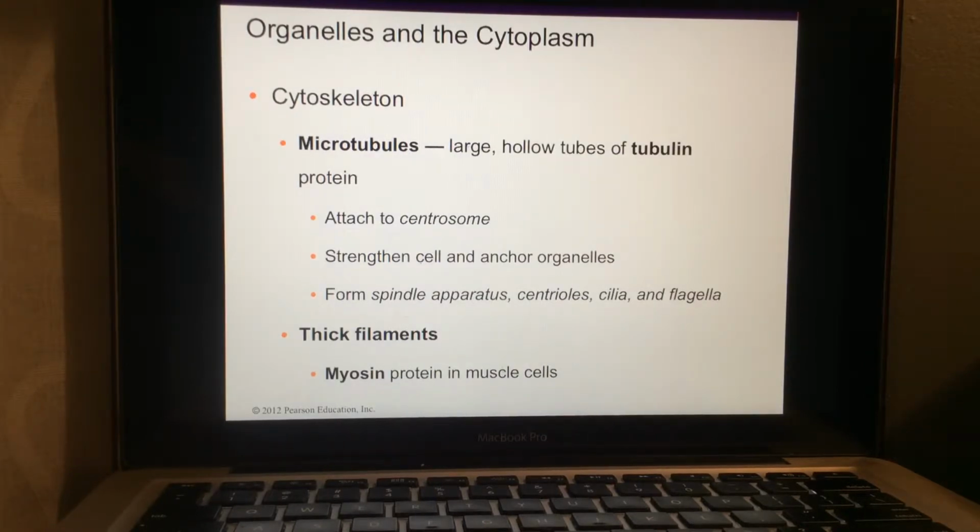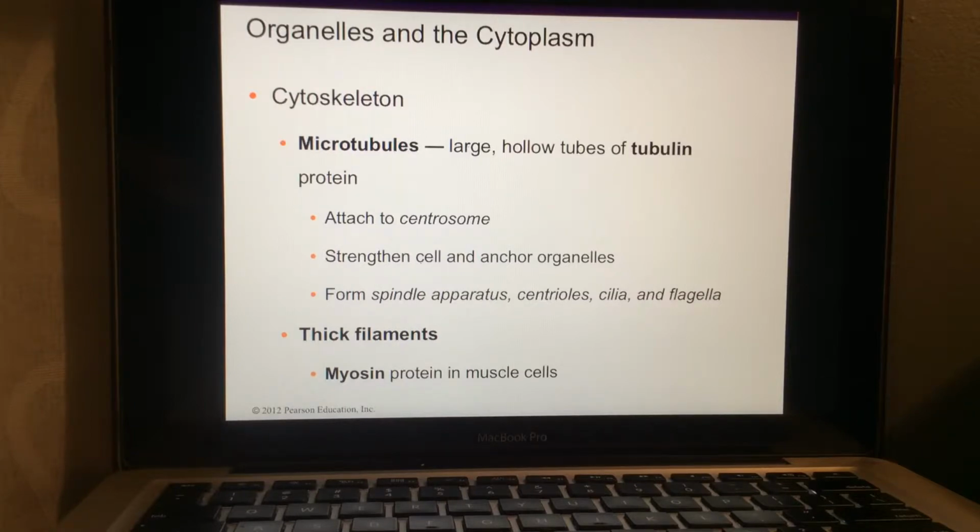Microtubules are going to be large hollow tubes of the tubulin protein, and they extend outward into the periphery of the cell from the region near the nucleus. They're going to attach to the centrosome. They're also going to strengthen the cell and anchor organelles to provide more rigidity.